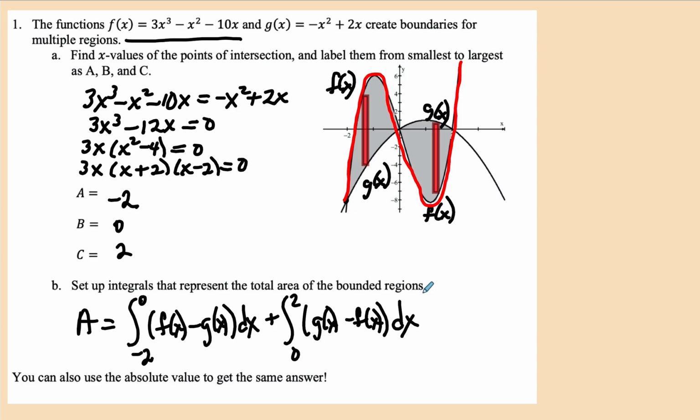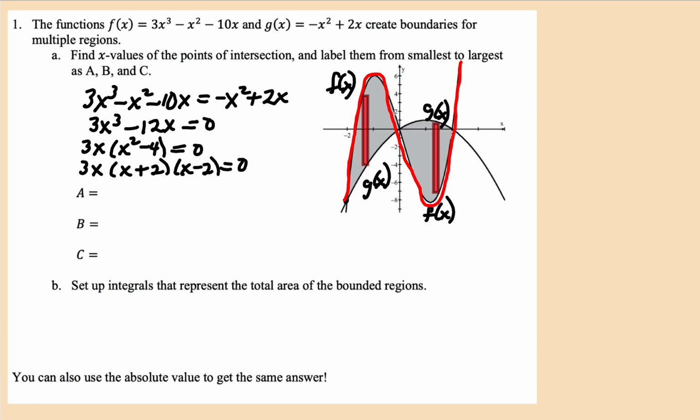Now let's take a look at evaluating it another way. And what we can do is, again, this is -2, 0, 2.